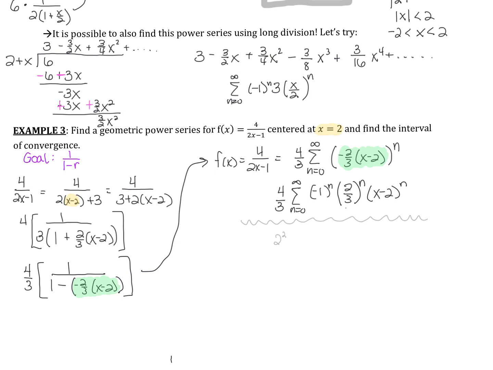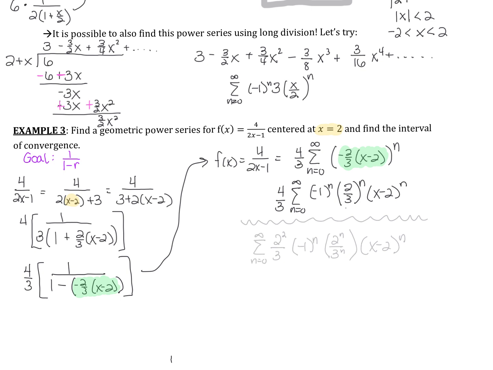And we could write this as 3. So I've got this times negative 1 to the n over, I'm going to write this as 2 to the n over 3 to the n. You'll see why in just a second. x minus 2 to the n. You'll notice I left off the sigma, or maybe I just throw it in front of everything.